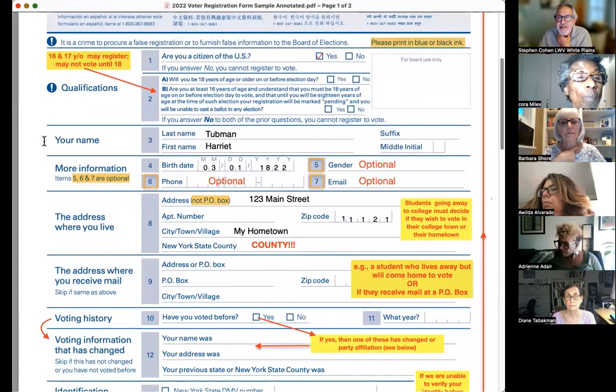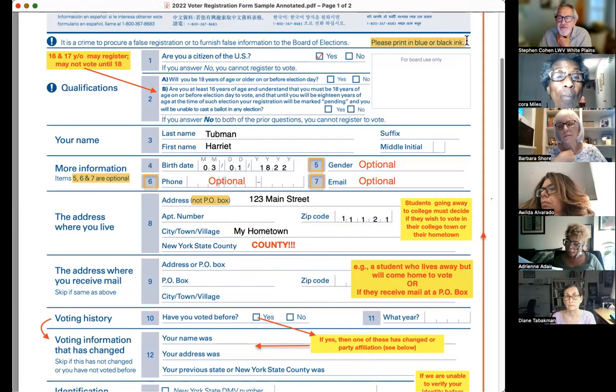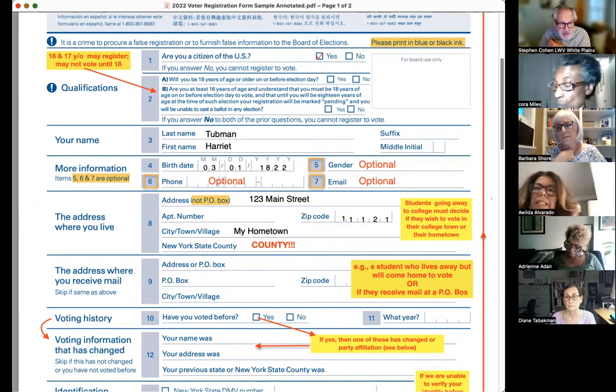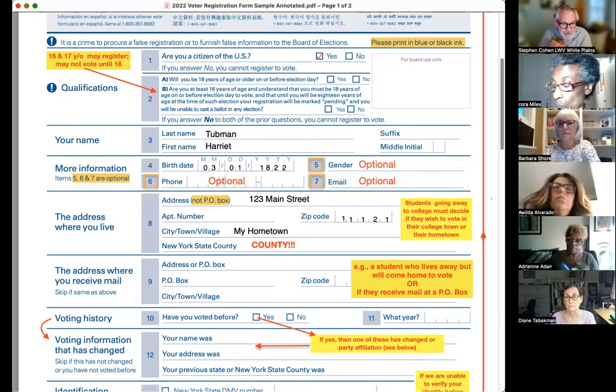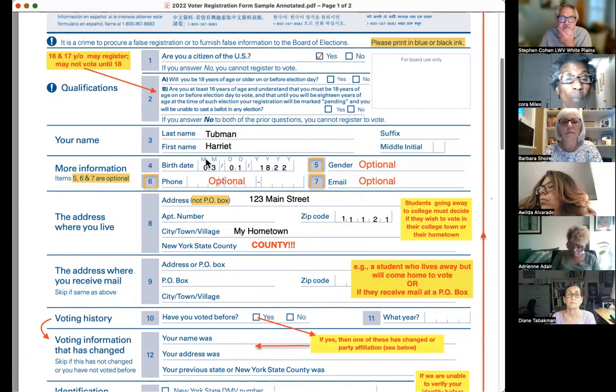The first thing I want to point out to you here is that the Board of Elections would like us to have these forms printed or filled out in blue or black ink. There will be blue pens at the table, so that should not be an issue.